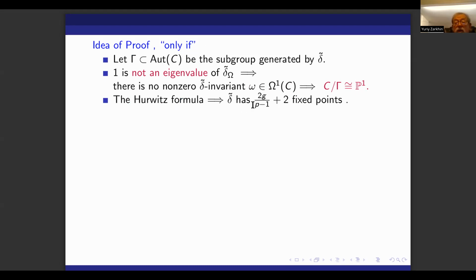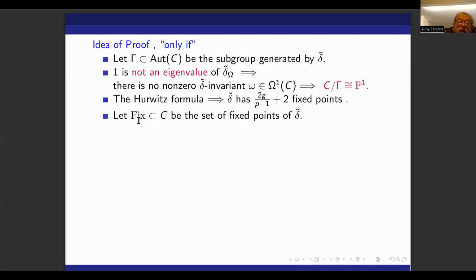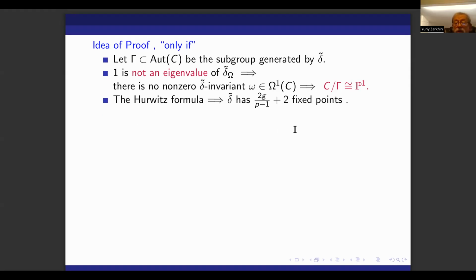So we may apply Hurwitz's formula. It tells us that delta tilde has exactly 2g divided by p minus 1 plus 2 fixed points. And let Fix be the set of fixed points of this delta tilde.